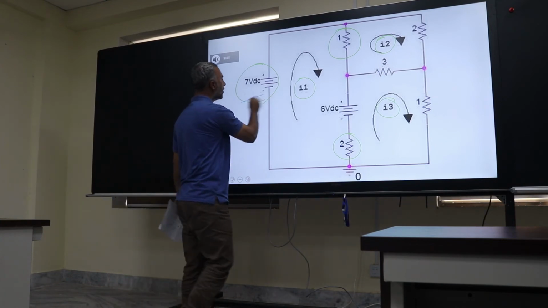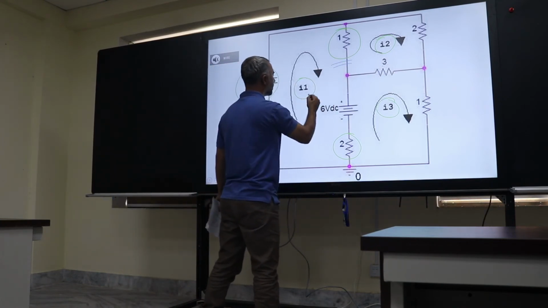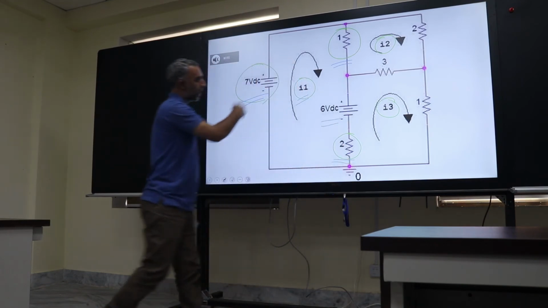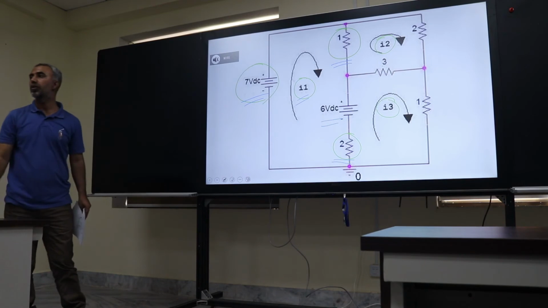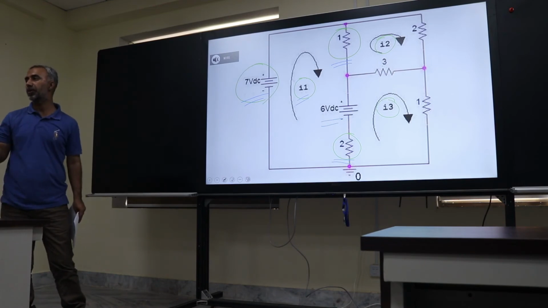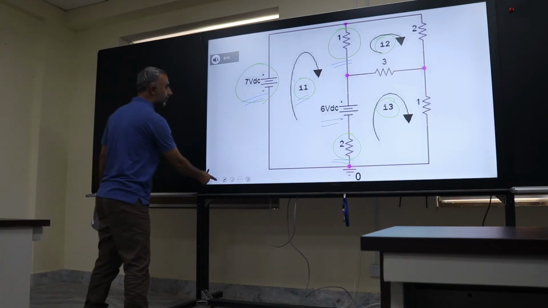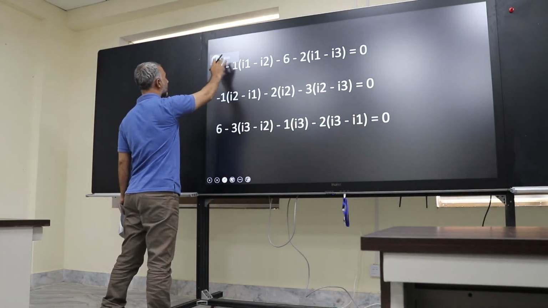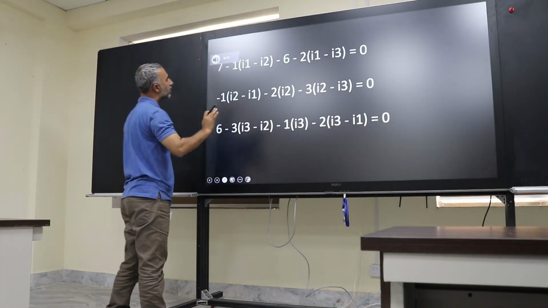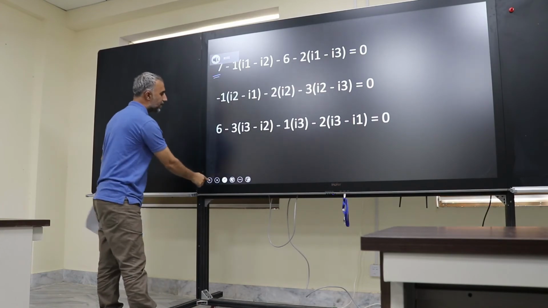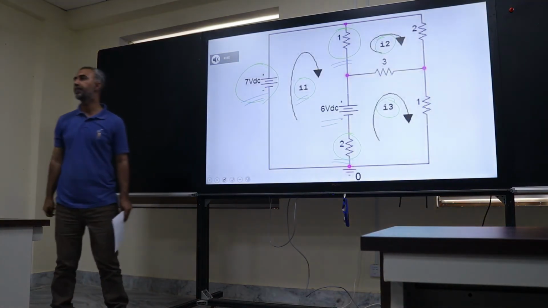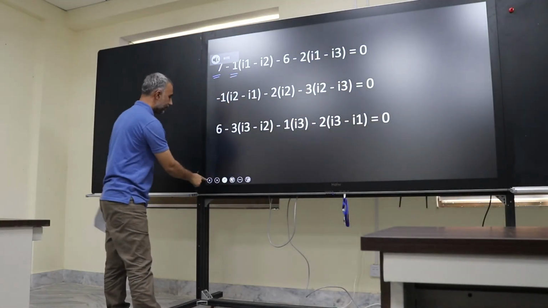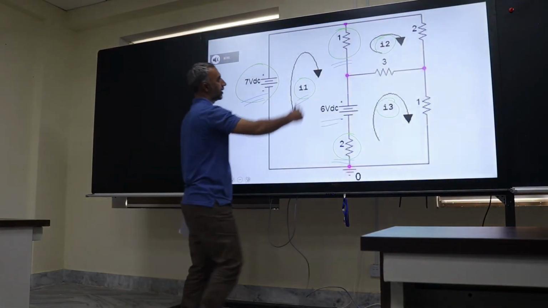This one, this one, this one, this one, everything is associated to the first equation. Here 7 is the source voltage, and 1 is the resistance.